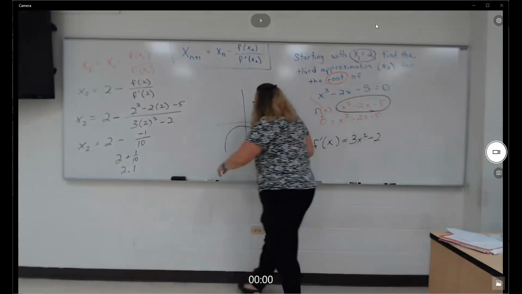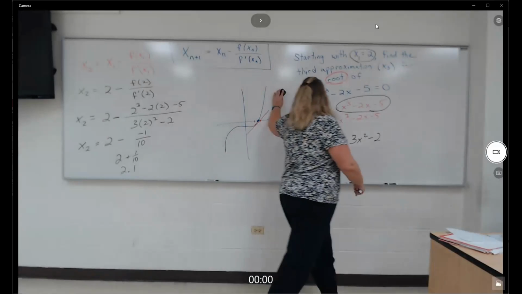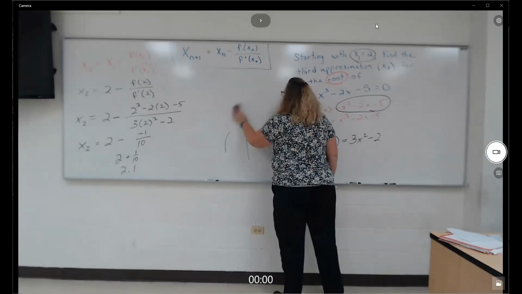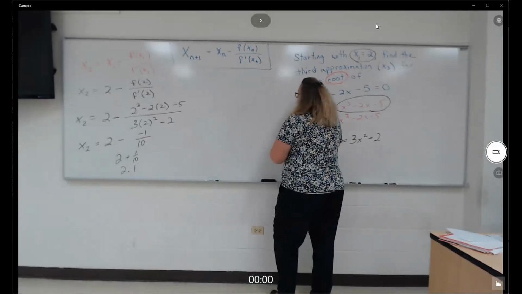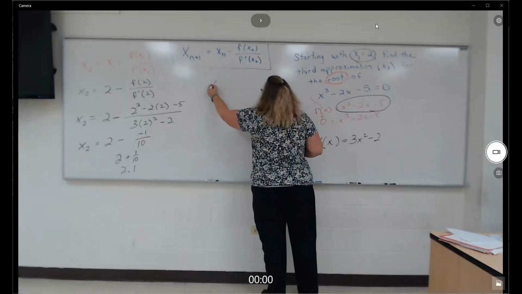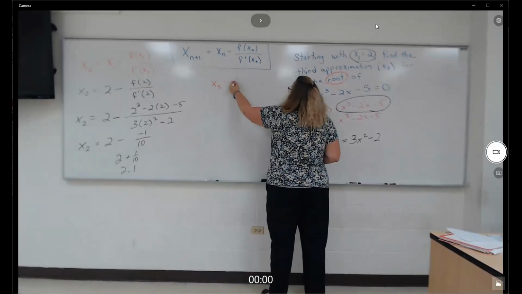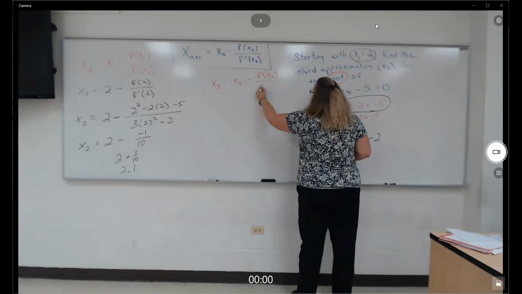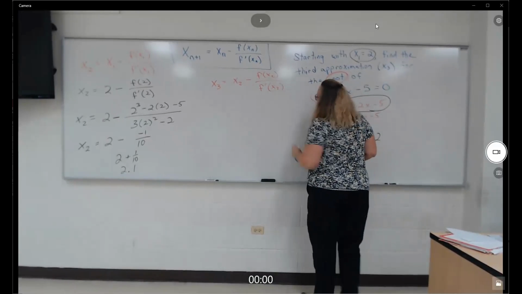All right, so let's find the third though. Let's do the third. So now to find the third approximation, and for this example, the final approximation, I do x of 2 minus f of x of 2 divided by the derivative using x of 2.